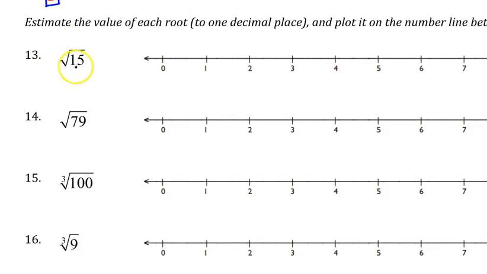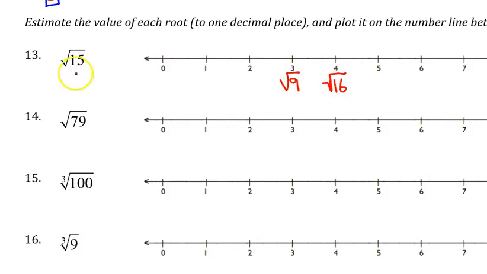So the square root of 15 is very close to the square root of 9 and 16. We know it's between those two, so we know this decimal would be 3 point something, right? Because it's between the square roots of 9 and 16, which is between 3 and 4.